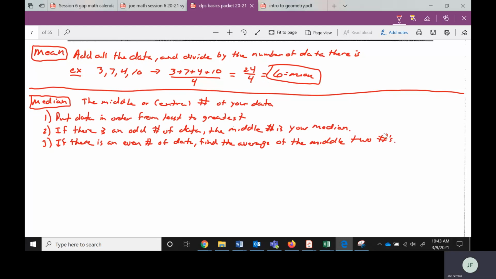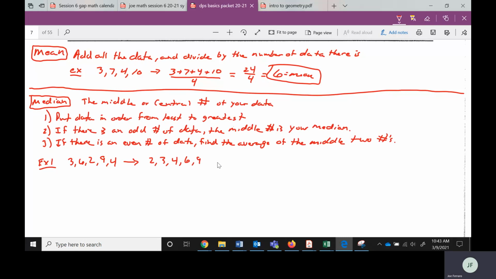I'll do just 2 little quick examples here. Example 1, if we had a list with the numbers 3, 6, 2, 9, and 4. First thing we do, put them in order. So we'd have 2, 3, 4, 6, and 9.